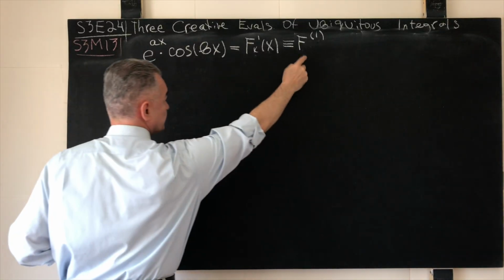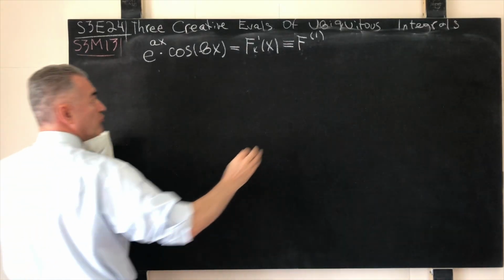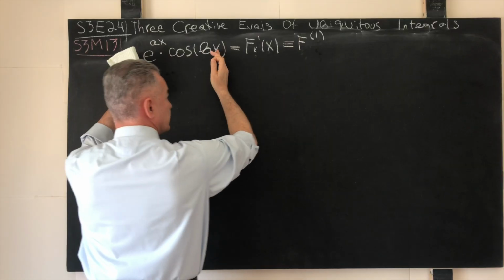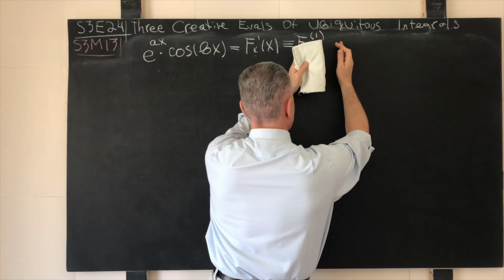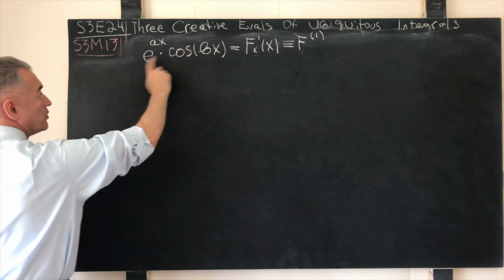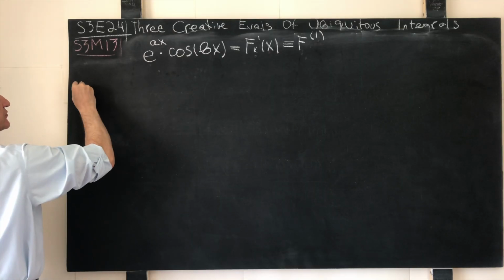Now we use this right away as follows. We take the first derivative of both sides of this equation, the first derivative of the left-hand side and the first derivative of the right-hand side. What do we have on the left-hand side? Well, this is a composite function, so the derivative of the exponential function will be what?